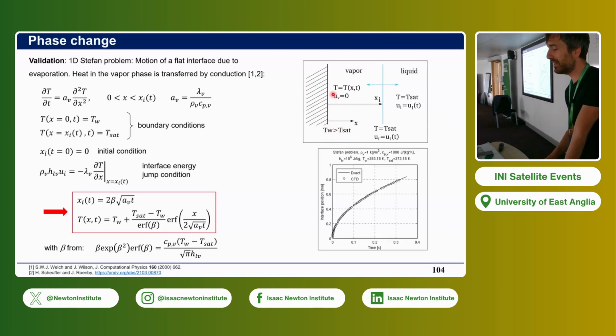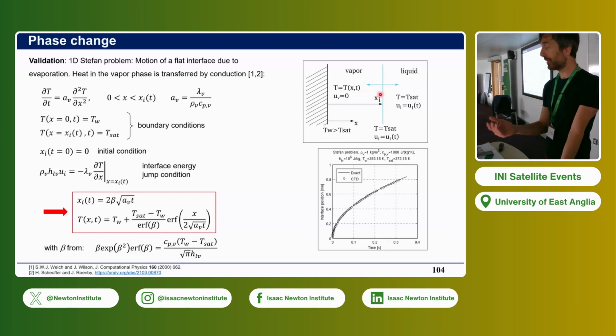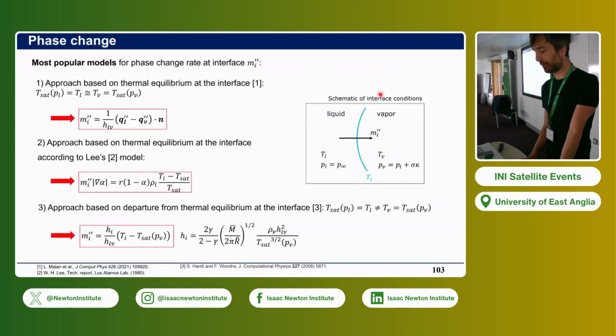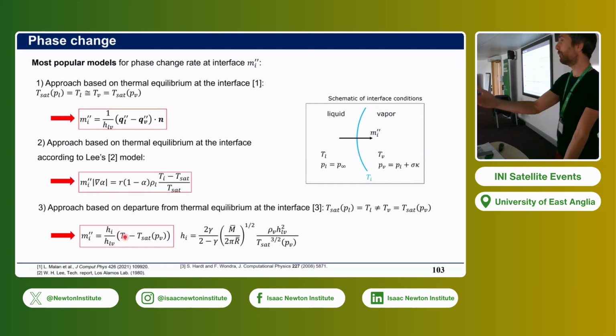So you can imagine that the heat will go from the wall through the vapor to the interface. The interface is initially at the Tsat, but as heat is coming from the left, the interface will heat up, and the evaporation model will find either a heat flux or a temperature at the interface above saturation. So it will trigger phase change.